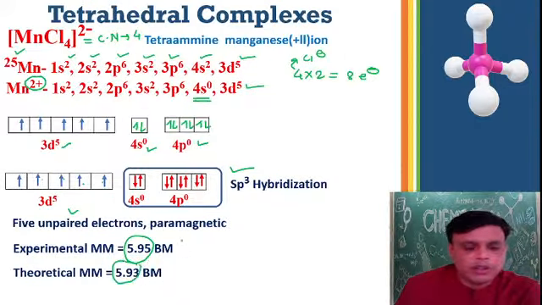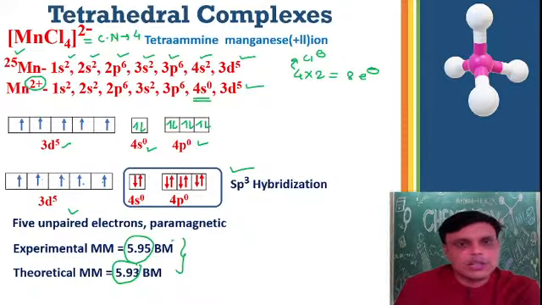So these values are close to each other, so the observed geometry and actual geometry of this complex is tetrahedral. Okay, so these are the tetrahedral complexes.